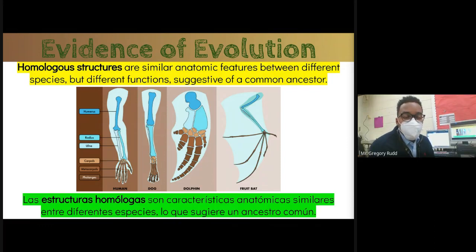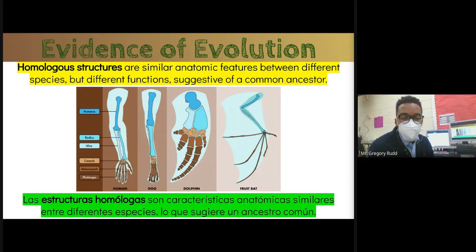So in that image on your screen, we can see the human arm on the far left. We see the forelimb of a dog. Then we see the fin of a dolphin, and then we see the wing of a bat.